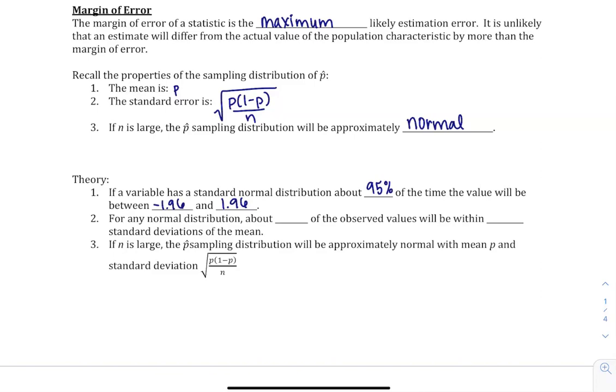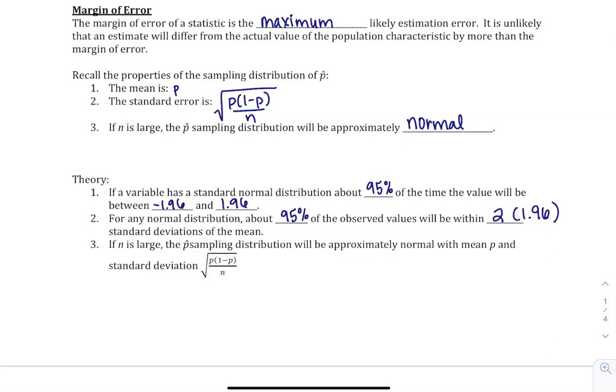We figured out on that standard normal table that to get the middle 95%, we would be looking for z-scores between negative 1.96 and positive 1.96. So for any normal distribution, you would have about 95% of your observed values within approximately 2 standard deviations of the mean, specifically 1.96, but it's about 2.